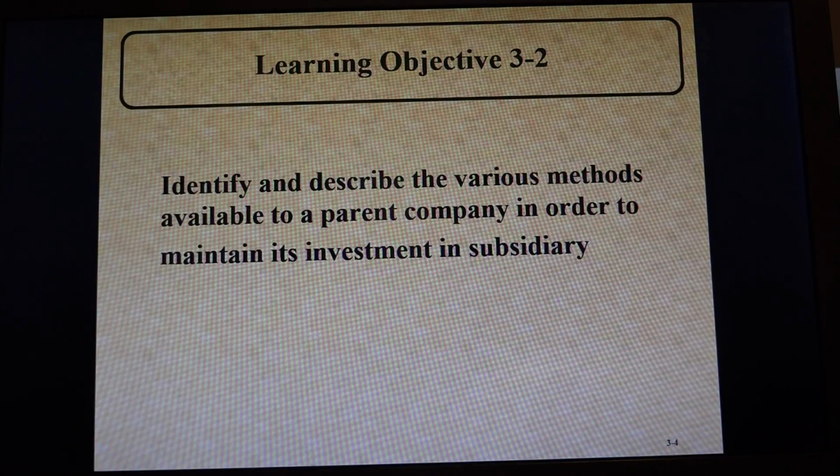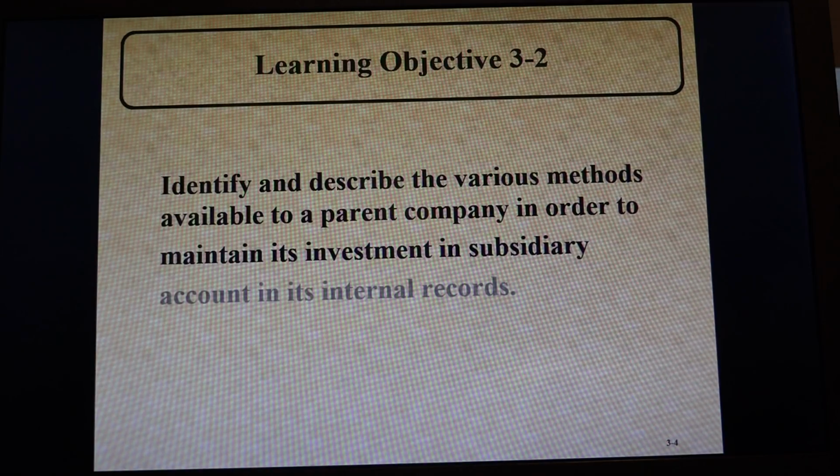They're going to record this investment as an investment in the subsidiary on their internal accounting records. And how they account for that investment varies with what they're trying to achieve.